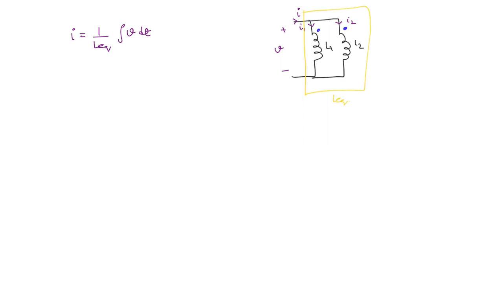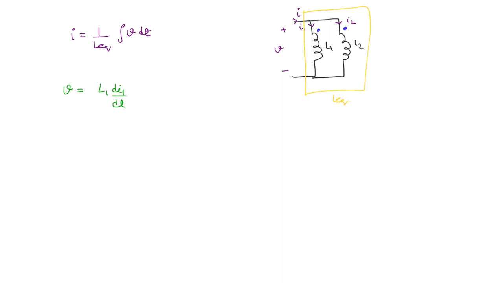Let us now consider each of the individual inductors. The voltage V is the same across each of the inductors. Now across this inductor, what will be the induced voltages? One voltage will be because of I1, another voltage will be because of I2. So what will you get? V is equal to L1 dI1 by dt because of self inductance.